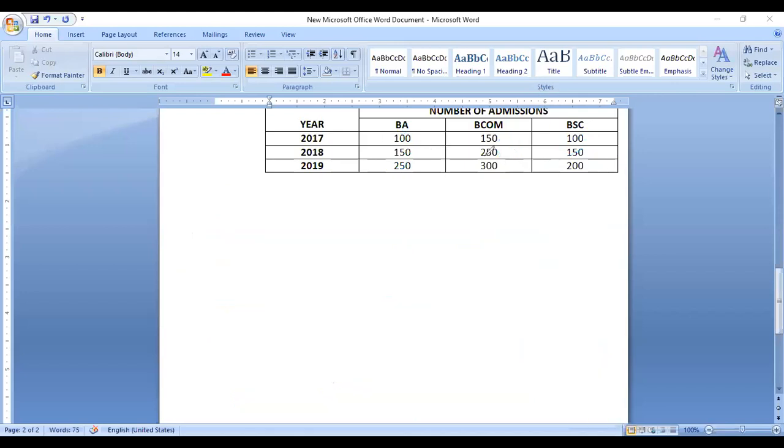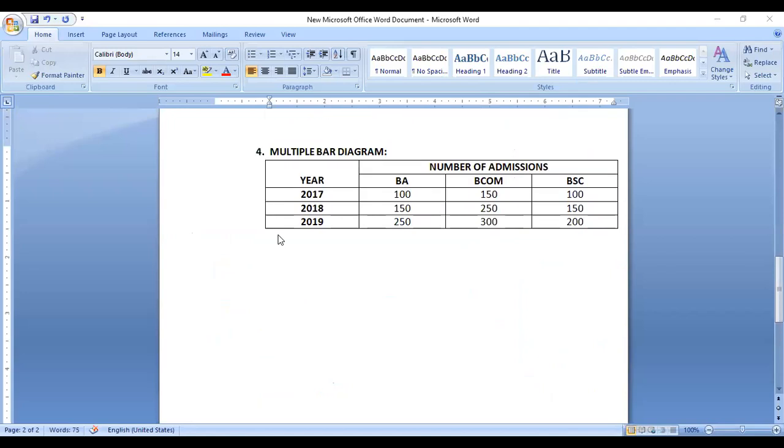Okay. Now the next diagram is going to be the fifth one. That is going to be deviation bar diagram. Deviation bar diagram.